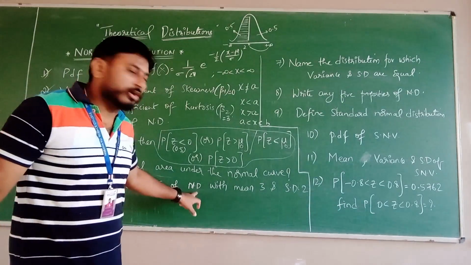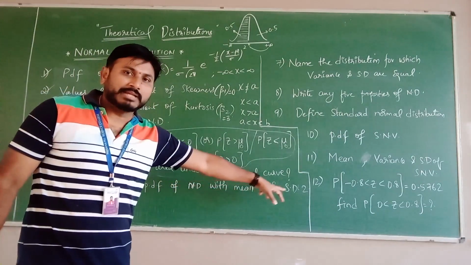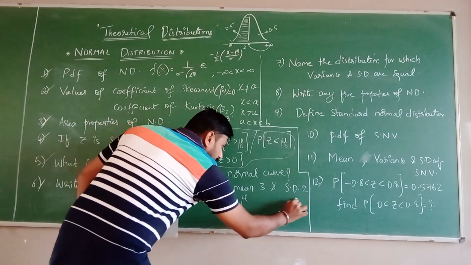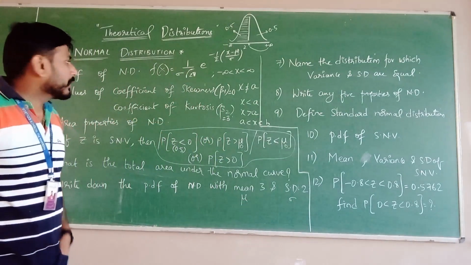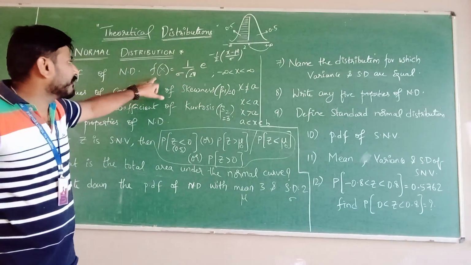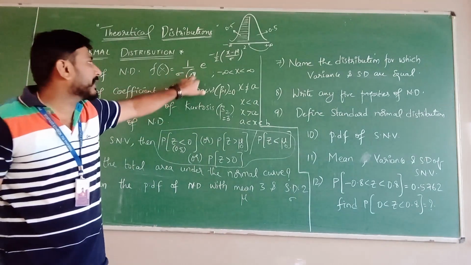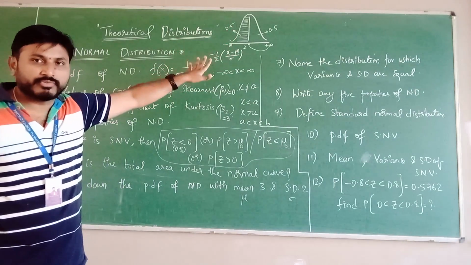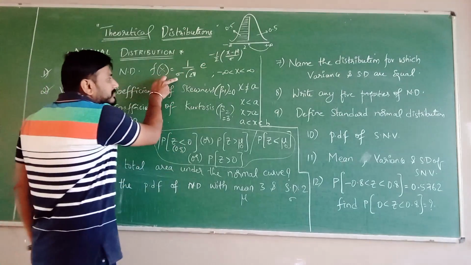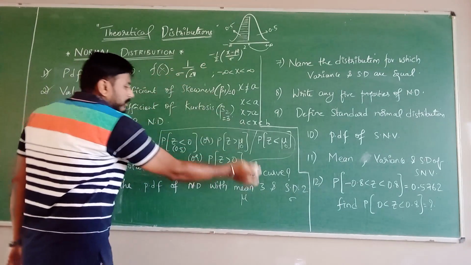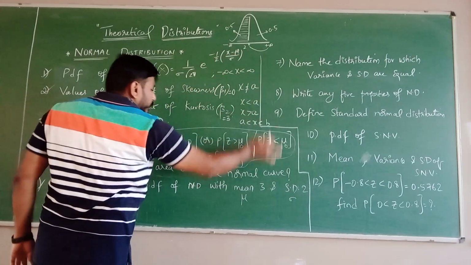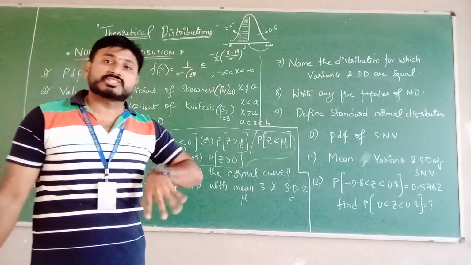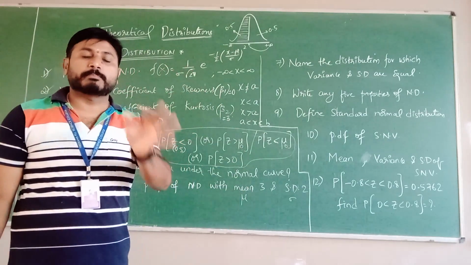Write down the PDF of a normal distribution with mean 3 and standard deviation 2. As you know, mean is mu and standard deviation is sigma. In this PDF, f of x equals 1 by sigma root 2 pi e power of minus 1 by 2 into x minus mu by sigma whole square. Just substitute 2 in place of sigma and 3 in place of mu and leave it like that. They did not ask us to expand it, just to write the PDF.